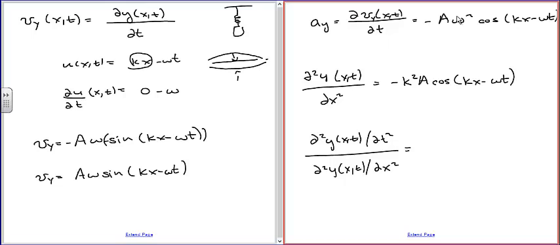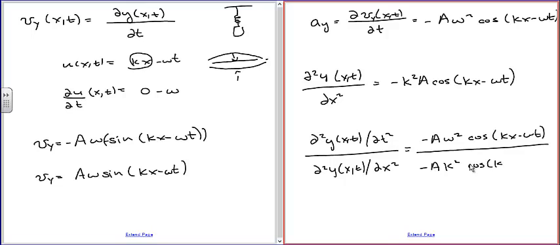The top is negative a omega squared cosine of kx minus omega t, and if you divide that by this, you get negative a k squared cosine of kx minus omega t. So the negatives cancel out, the a's cancel out, the cosines cancel out, and you're just left with omega squared over k squared. But omega is 2 pi f, so you get 2 pi f squared, and k is 2 pi over lambda, squared.